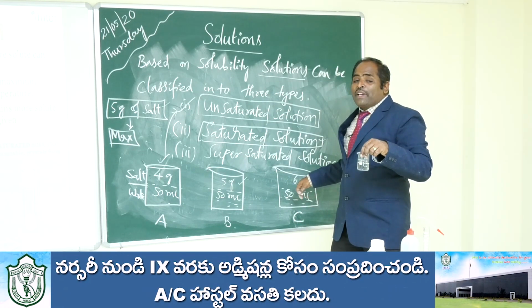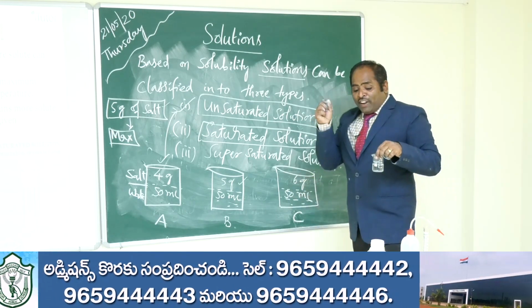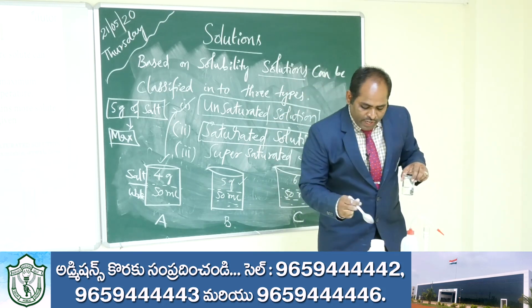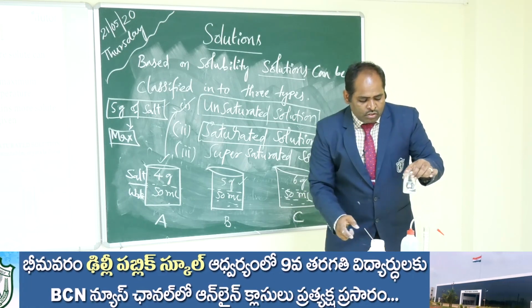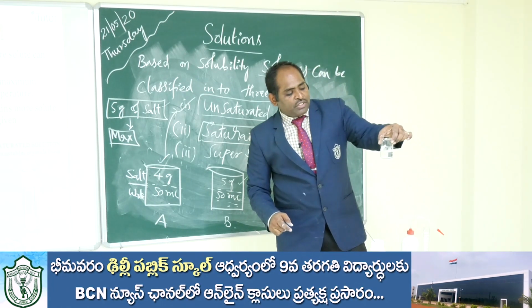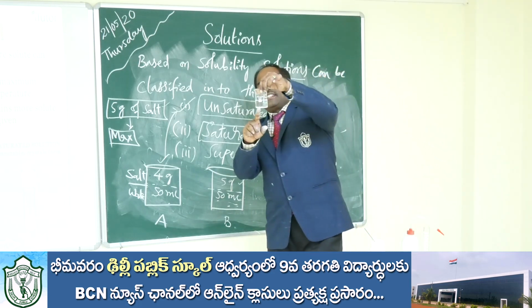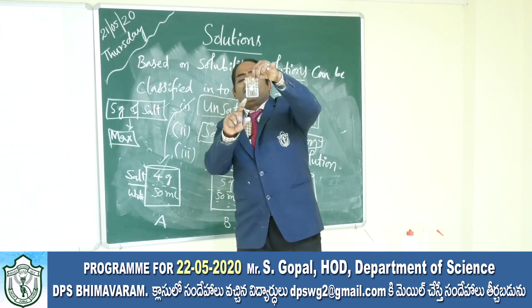When you add 1 gram extra in the solvent here, now what happened? The 1 gram extra will not dissolve in the solution. I am going to add it here. See, this is approximate, it's not exact. I don't have a weighing machine now, so I cannot measure it exactly. But here, see, there is some salt which has settled down. Some crystals have settled down.